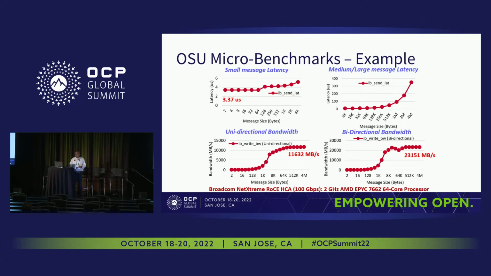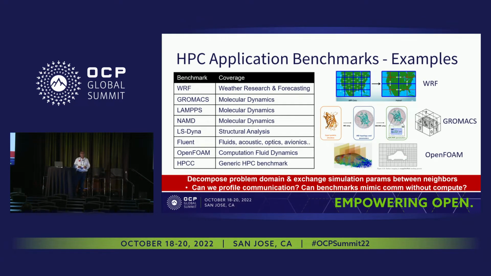So that's one side. The other side, and this applies to both HPC and machine learning applications, is where there are different domains, whether computational fluid dynamics or simulation models for molecular dynamics. They're all scientific kinds of computation. What they do, at the end of the day, is take a problem domain and decompose it into subdomains, and those are generally assigned to a specific node or specific process.